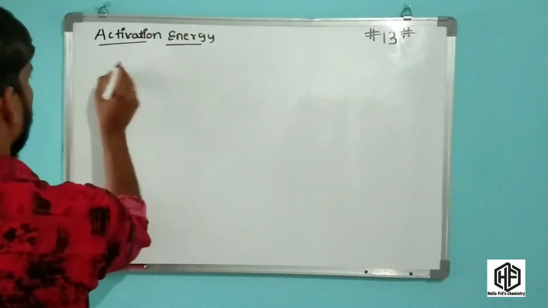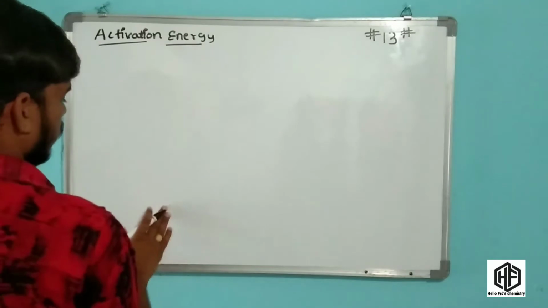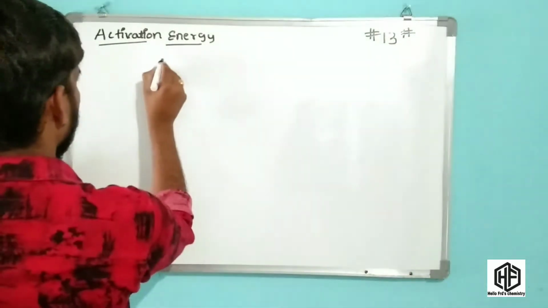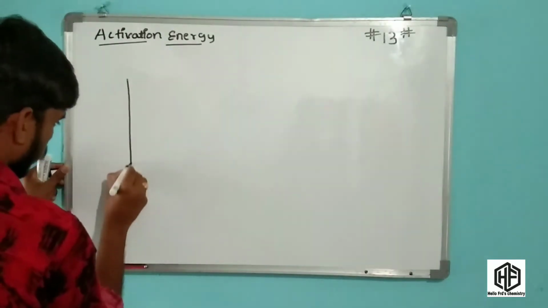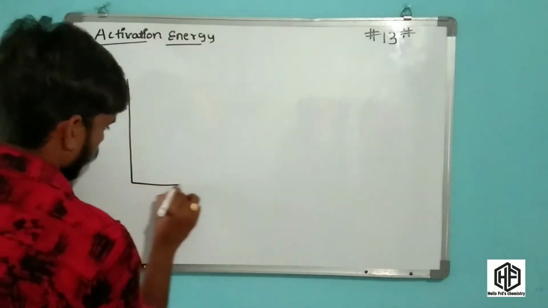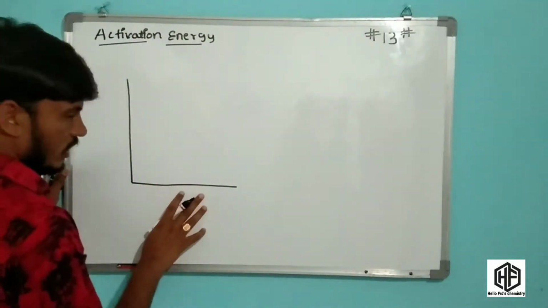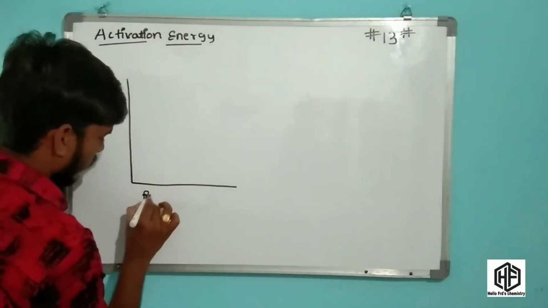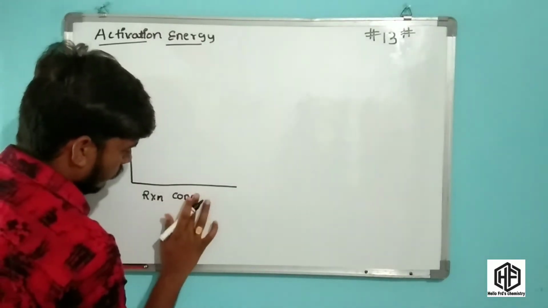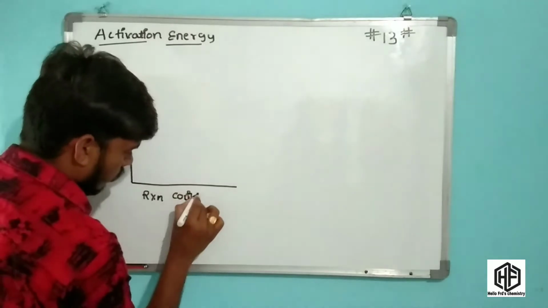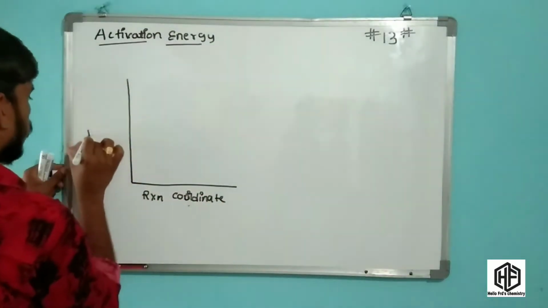First of all, I am going to talk about the graph representation of the energy barrier, like this. This is the x-axis and y-axis. In the x-axis I represent the reaction coordinate. In the y-axis I represent the energy.